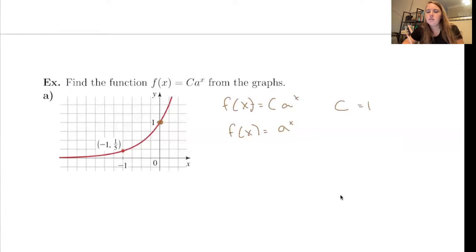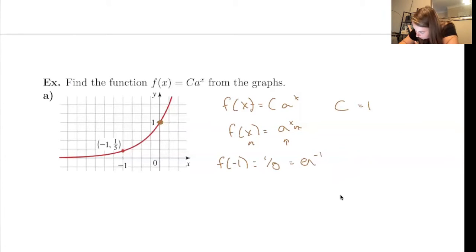You're like, okay, so how do I find a now? I only have really one unknown. f of x and x are points y and x. I can just find a point and I'll be left with my one unknown, which is a. So I'm given the point -1, 1/5. So f of -1 is going to equal 1/5, which is like a to the -1.